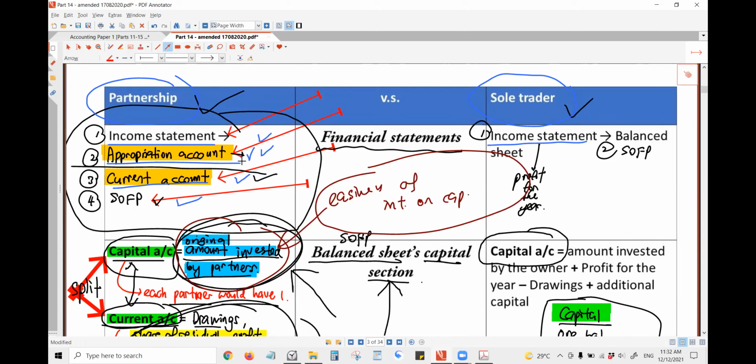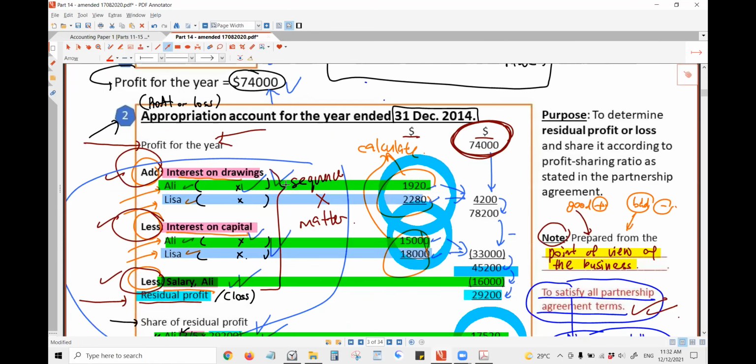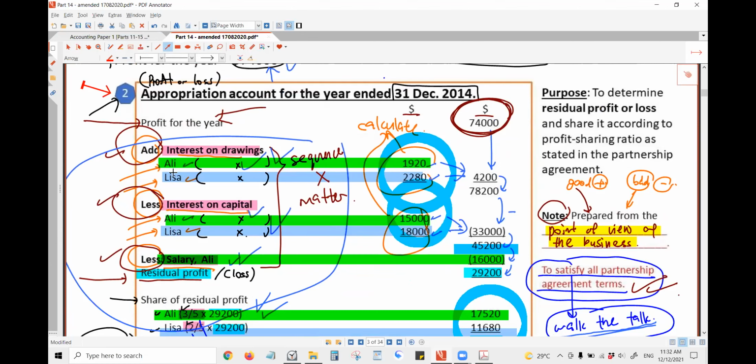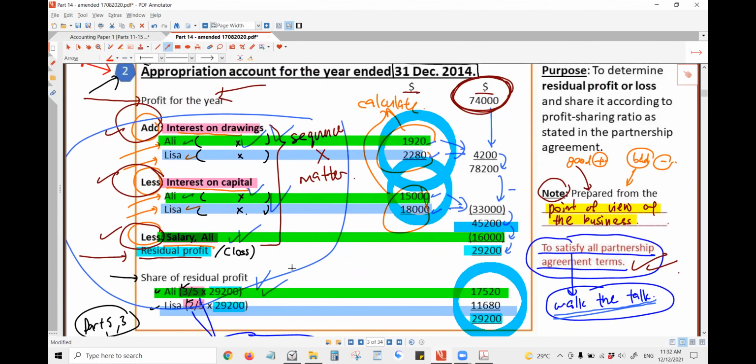They are the 2 new things that you learn in this chapter. After you have done the income statement, you do this appropriation account. Then you have these items, then you share the residual profit. We never share the profit for the year, but we share the residual profit. Then you do the sharing here.